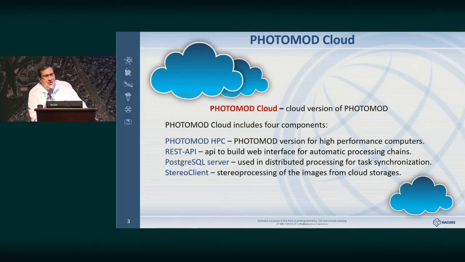So this REST API allows an experienced customer to develop such processing chains, whereas in PHOTOMOD itself, for such processing, we would need about 100, maybe 200 parameters.